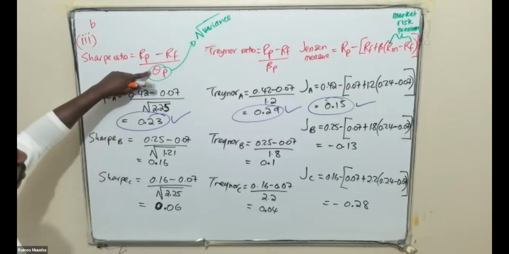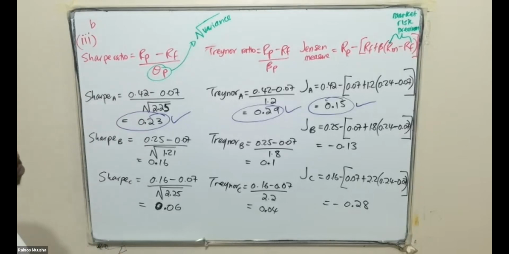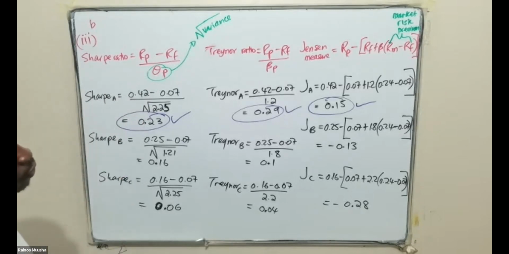From a total risk perspective, we'll see that A was still the best performing portfolio. So there's no issue regarding which one was better, because in all instances, portfolio A had the highest risk-adjusted return.